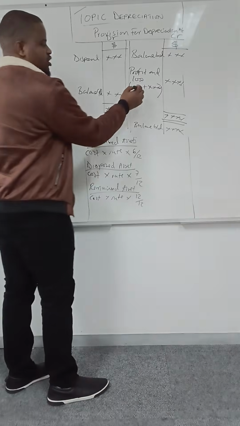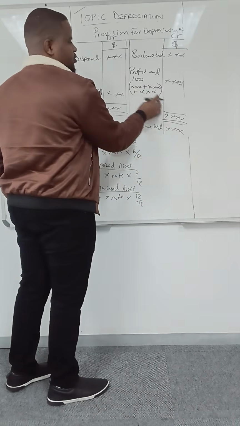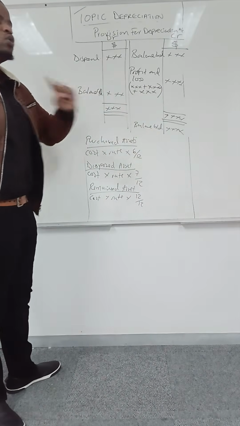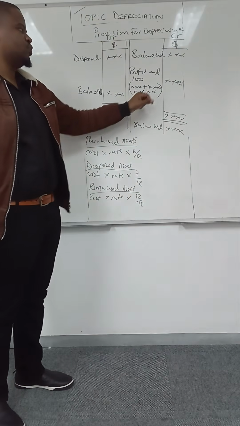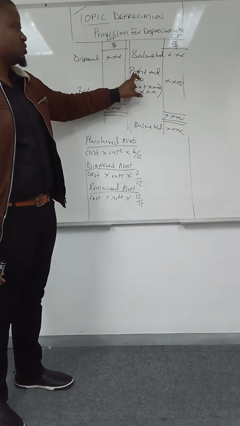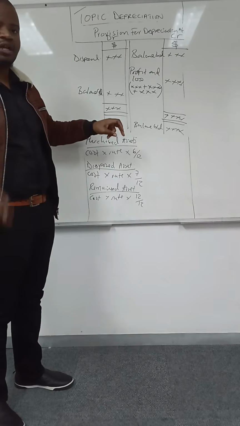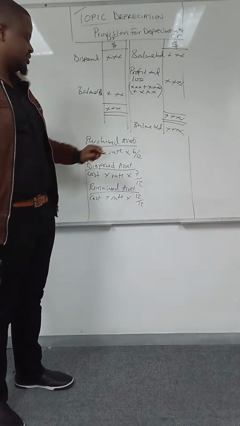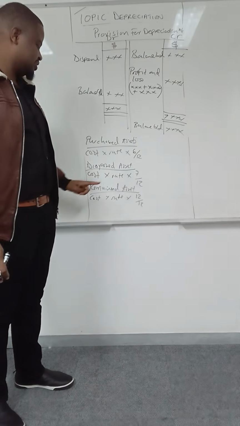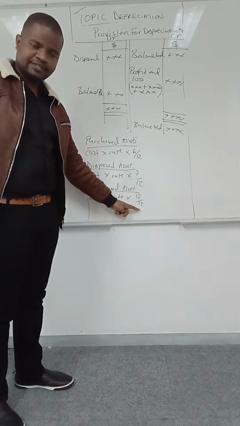Then on depreciation, so that you see the total, you need to open a bracket for profit and loss. We want to see three amounts of depreciation: depreciation for the purchased asset, depreciation of the disposed asset, and depreciation of the remained asset.